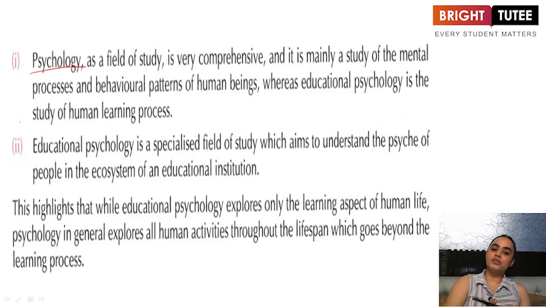And educational psychology is that branch of psychology which studies the learning process of human beings. Again, educational psychology is a specialized subject. When we talk about educational psychology, the psychologists only aim at the educational aspect of the child, right? Whereas psychology again is something which is broad.